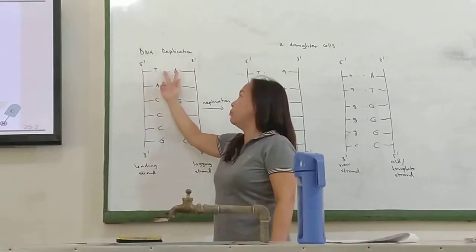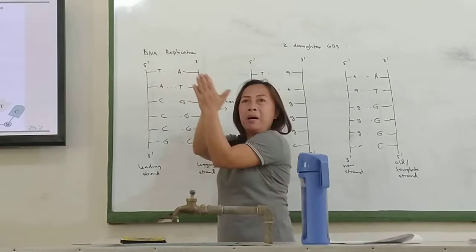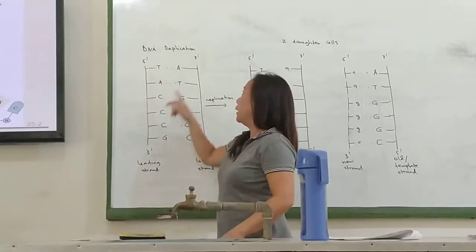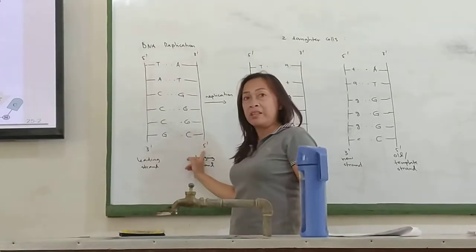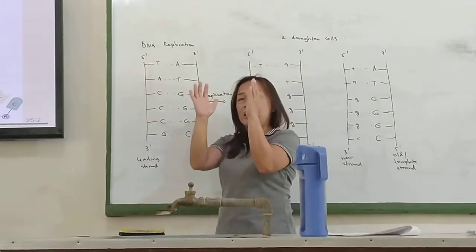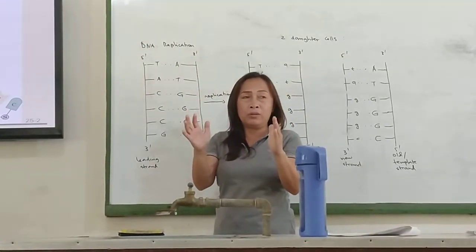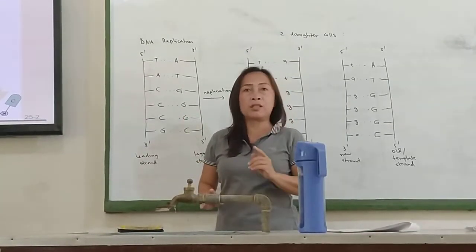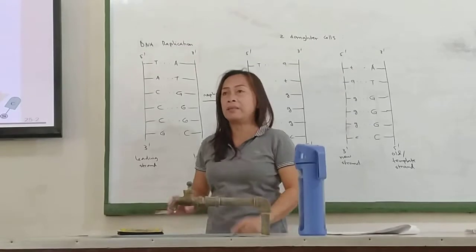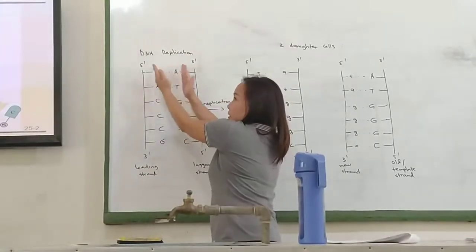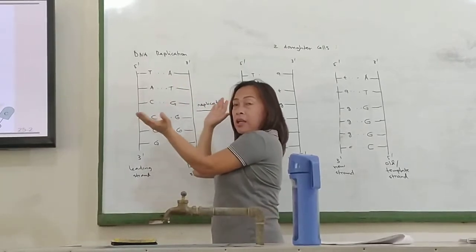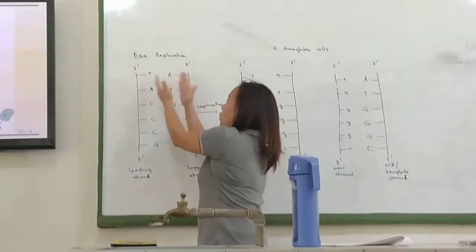What binds the 5' 3' and 3' 5' strands together is just a weak bond called hydrogen bond. So with the application of a small amount of heat, this can easily be separated.